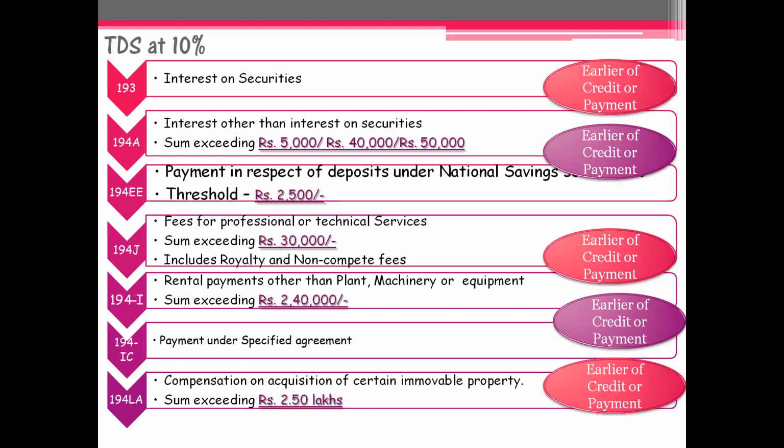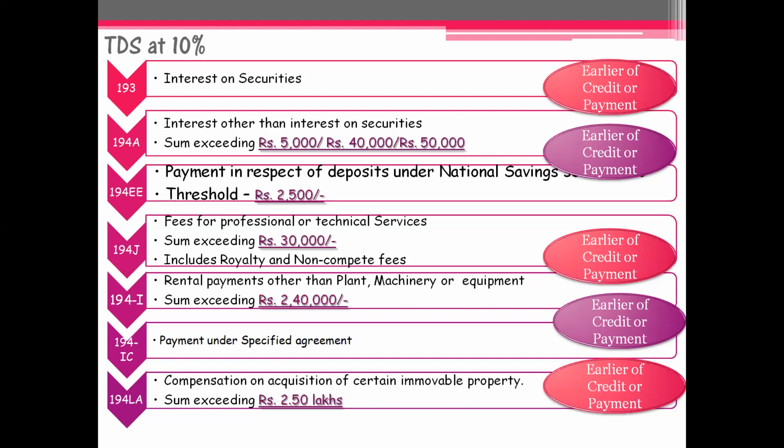So what is non-compete fee? There are certain payments which we make to another person to carry out a business, whereas a non-compete fee is exactly the opposite. That is when we pay a particular person for not carrying on a business. Say a senior personnel from the company is going to retire, and he is a well-known person who knows the business inside out.